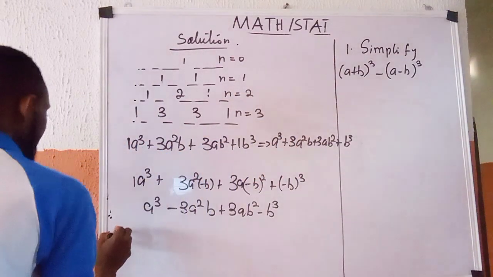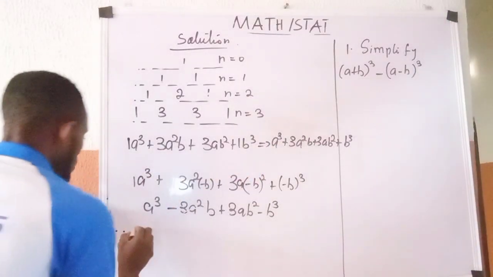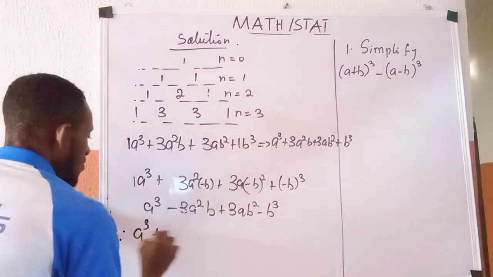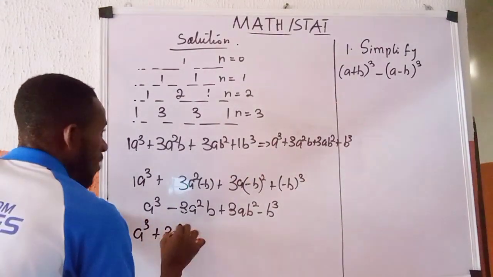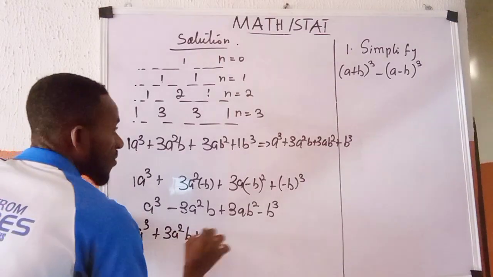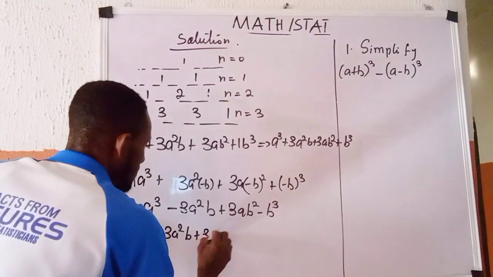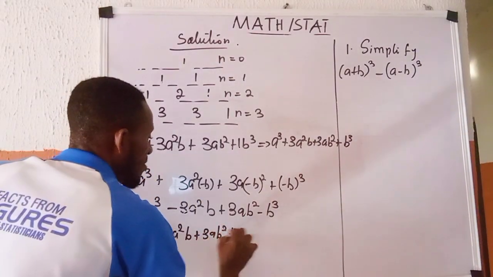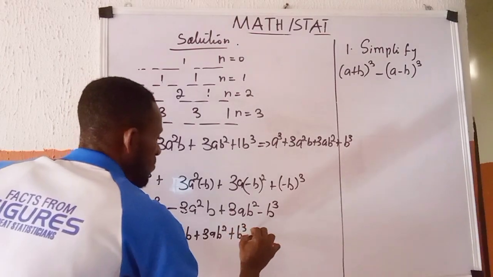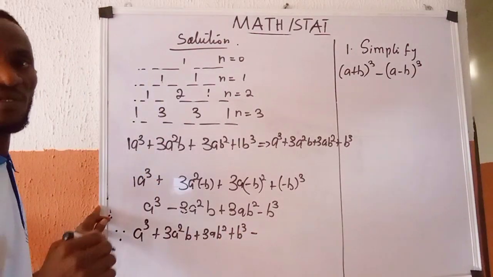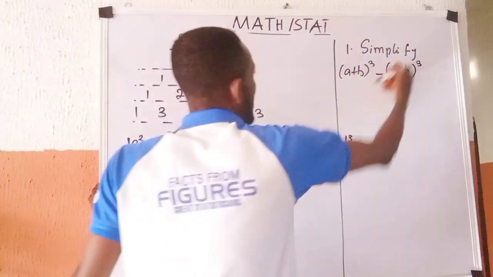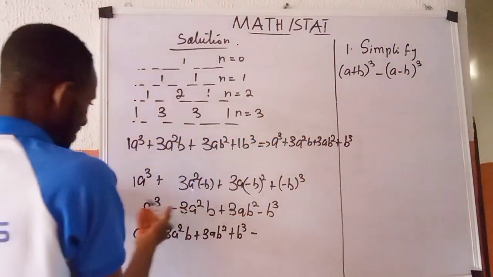So we are going to say, therefore, the first value we had was A raised to power 3 plus 3A squared B plus 3AB squared plus B raised to power 3. We say minus. Remember that once you say minus, you open a bracket and write all these things inside.